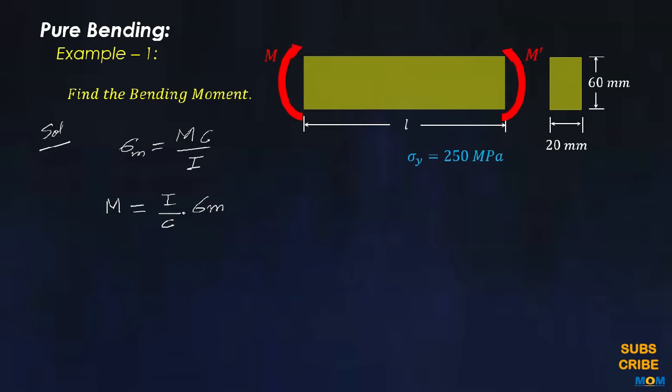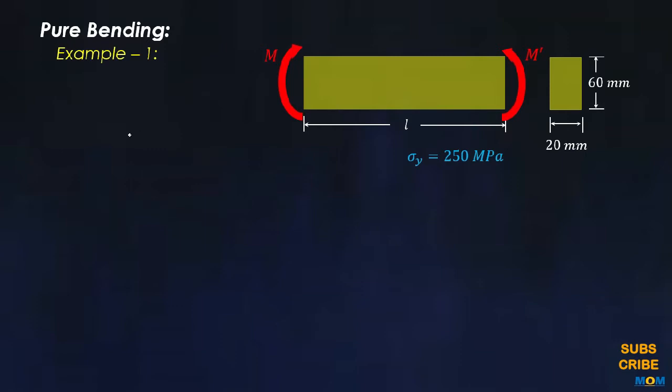Now we have to calculate the value of this moment of inertia I. For that we would be using the expression I is equal to 1 upon 12 BH cube.